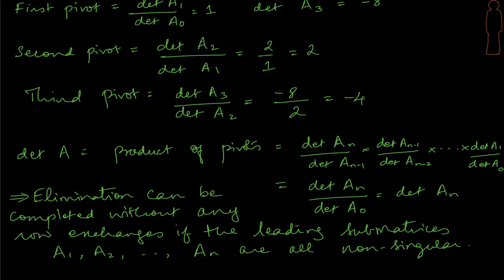So we pick up, if we are given n by n, we have to check for the n minus 1 determinants, and we know for sure that it wouldn't have. If all of them are non-zeros, then all those leading submatrices are non-singular, and therefore that matrix we can do elimination on that without any row exchange. A very beautiful insight that comes from this third application of finding a formula for pivots using determinants.